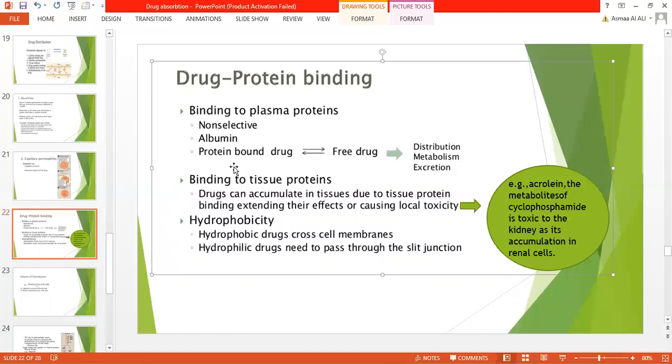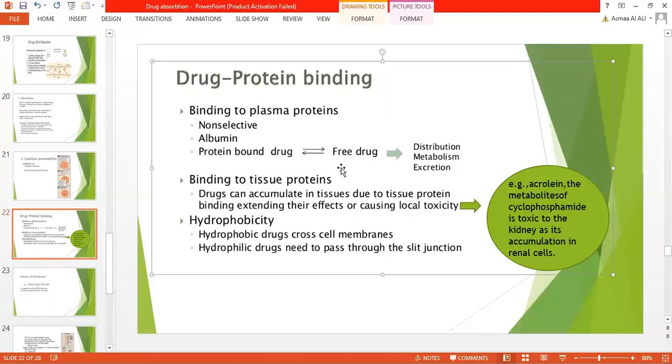That is, the concentration of the free drug decreases due to elimination by metabolism or excretion. The bound drug dissociates from the protein, and we will have free drug.